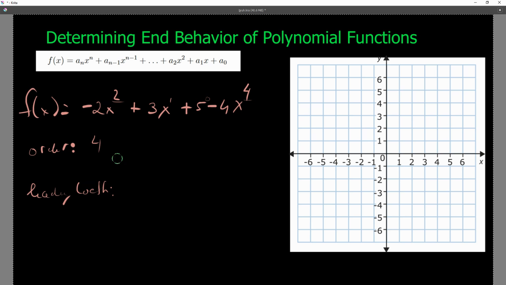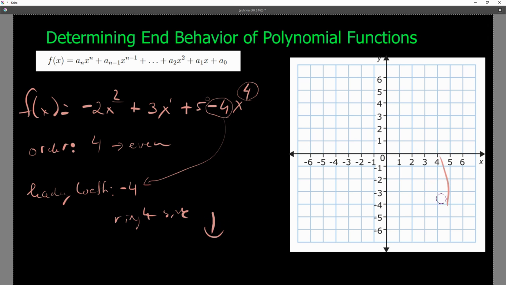The order is 4, so it's even. Even means they both go the same direction. The leading coefficient is the one in front of the largest exponent, so it's this negative 4. If it's negative, the right side goes down. And because even means both sides go the same direction, the left side goes down too. Your graph can be whatever in the middle. We don't know, but we know the right side goes down and the left side goes down.